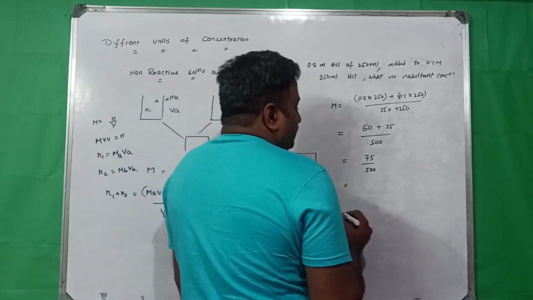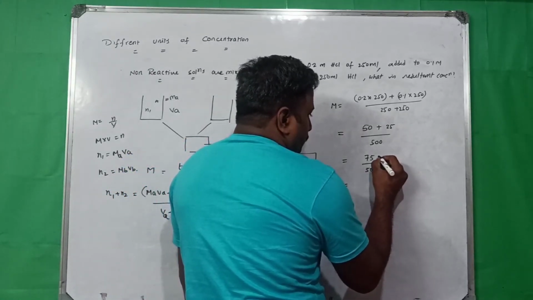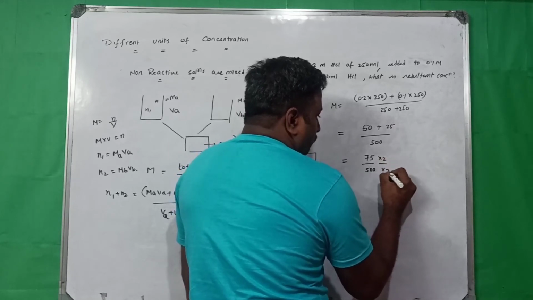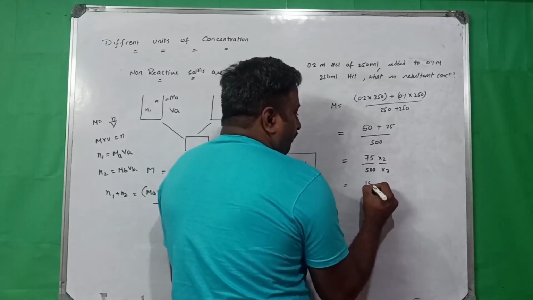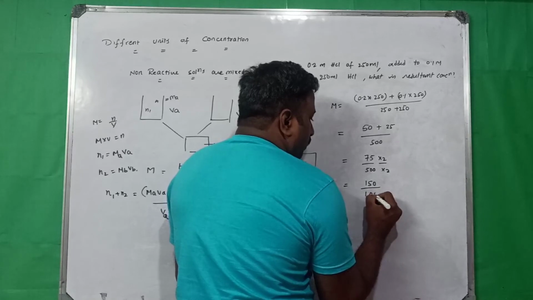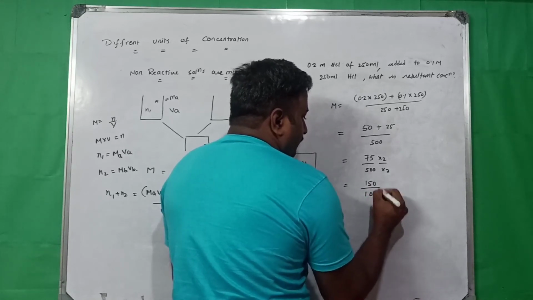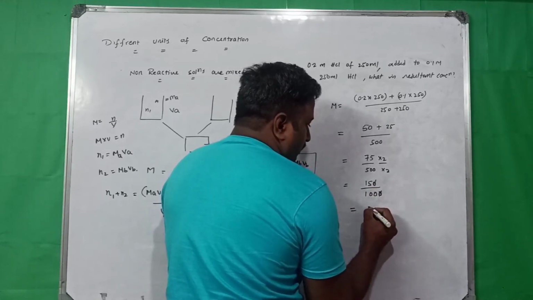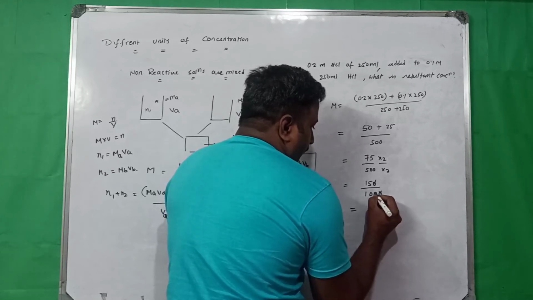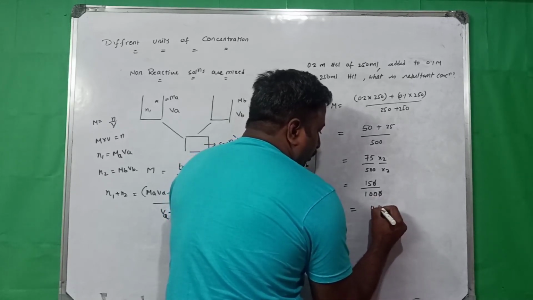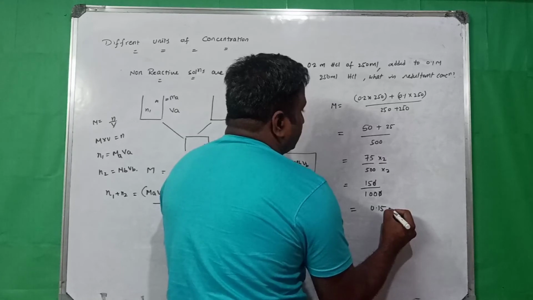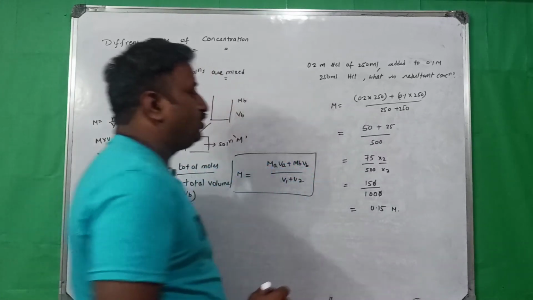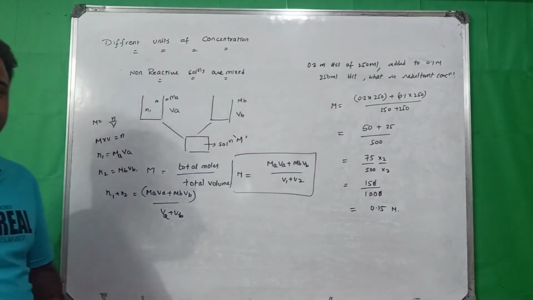Then we can write this as 2 into 2, 150 by 1000, the zeros cancel, that is 0.15. Resultant molarity is 0.15.